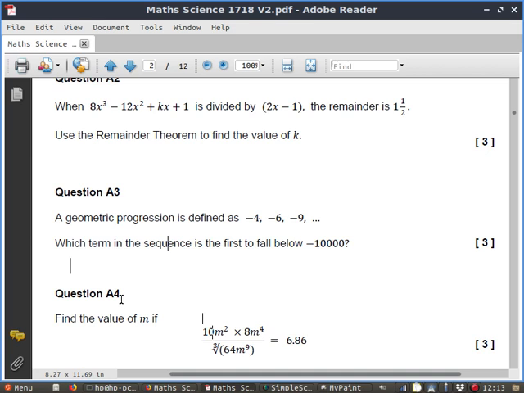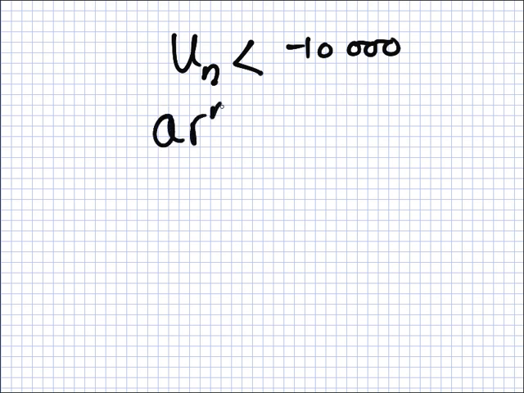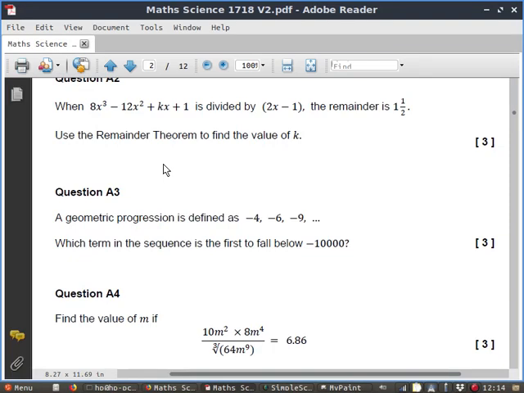Yeah. Right. So, we want to know when will our sequence be smaller than minus 10,000. Okay? So that's a r to the n minus 1 smaller than minus 10,000. What's the a here? Minus 4.